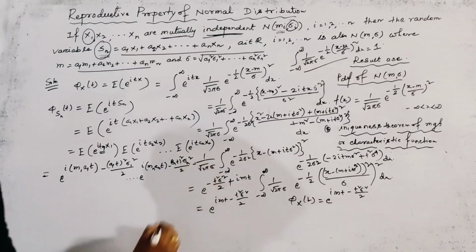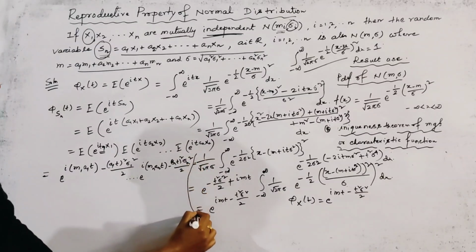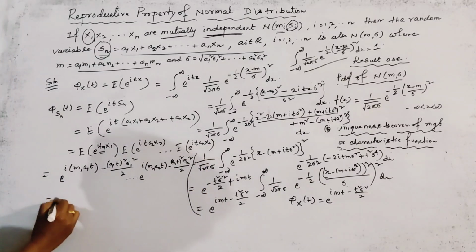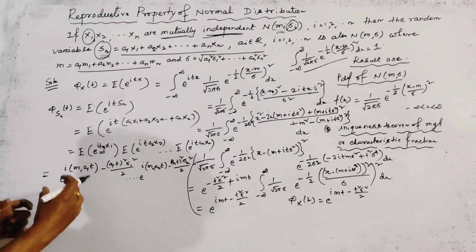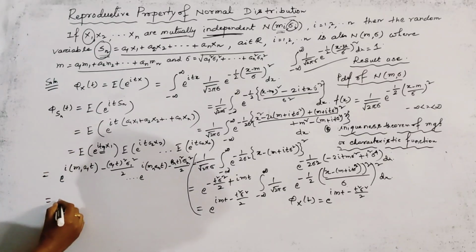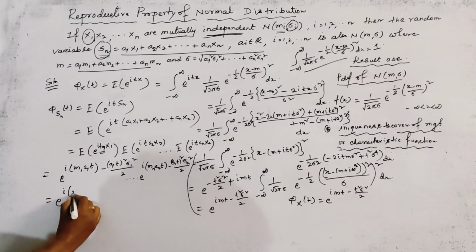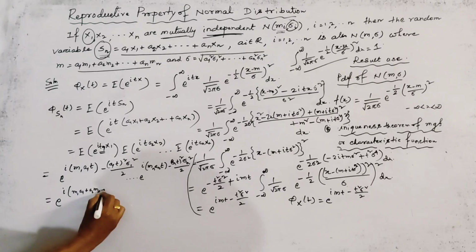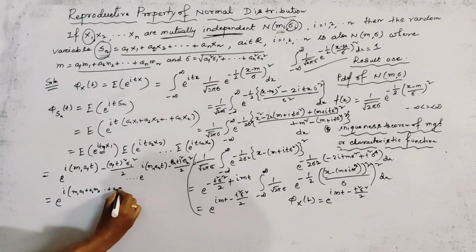Okay, and then we add all the exponential terms, and we get the result as exponential of i t into, this is given by, m1 a1 plus a2 m2 up to an mn, right?